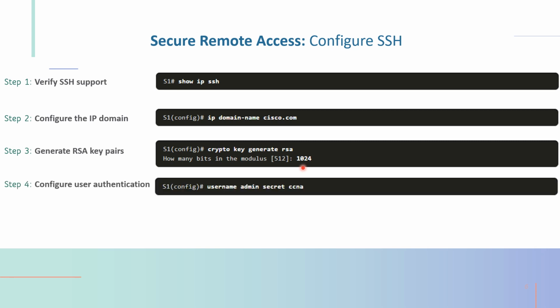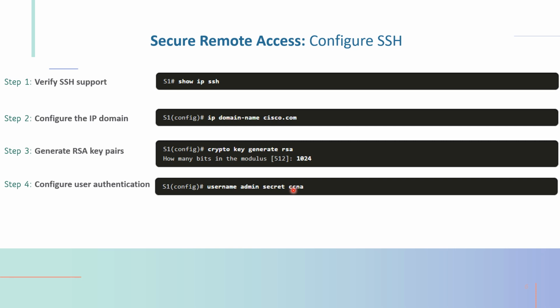Step 4 will be the configuration of user authentication, where Secure Shell can authenticate users locally or using an authentication server. To use the local authentication method, you have to create a username and password pair using the command username followed by the username, and the command secret followed by the password, and those will be entered at the global configuration mode.